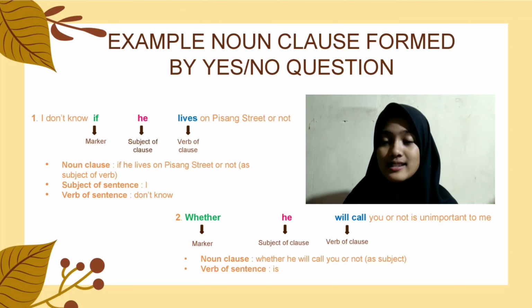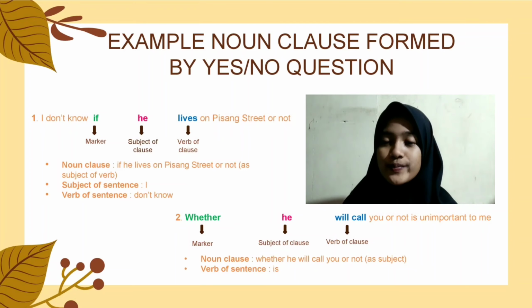"If" is the clause marker, "he" is the subject of the clause, and "lives" is the verb of the clause. "I" is the subject of the sentence, and "don't know" is the verb of the sentence.